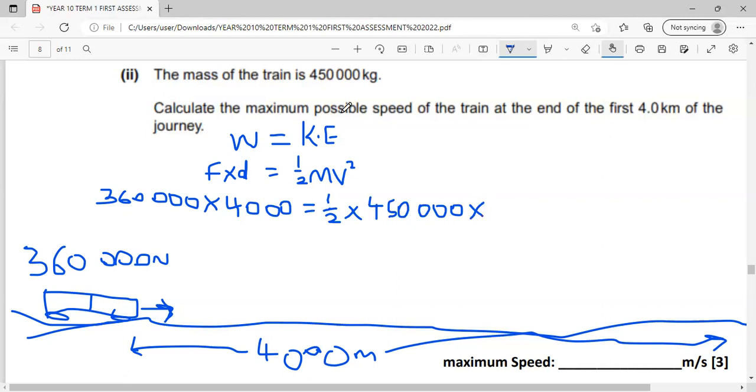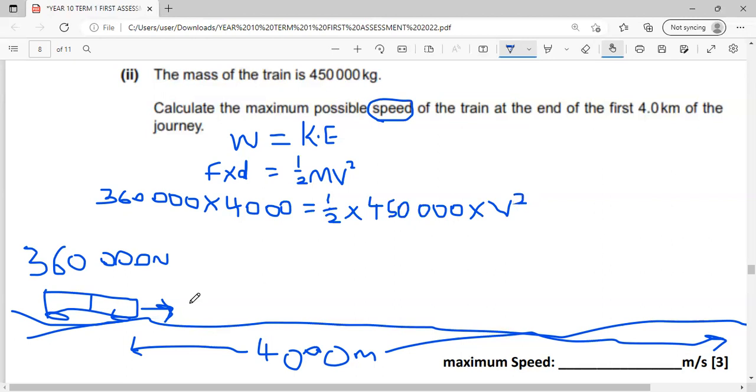What is the velocity? You have to calculate the maximum possible speed. Speed in this context also refers to the velocity, so we are not putting the direction into consideration. So half multiplied by mv squared. This v squared is what we are looking for right now.